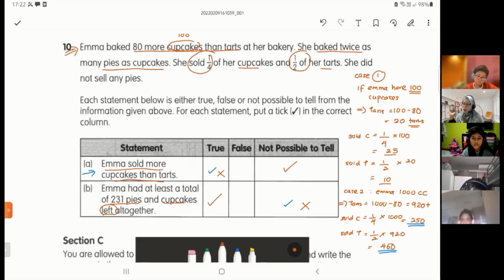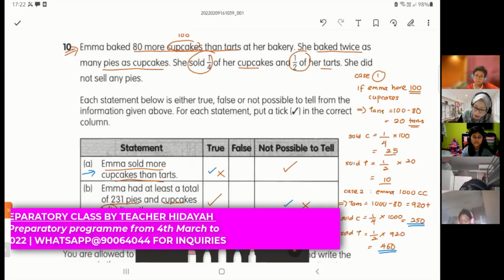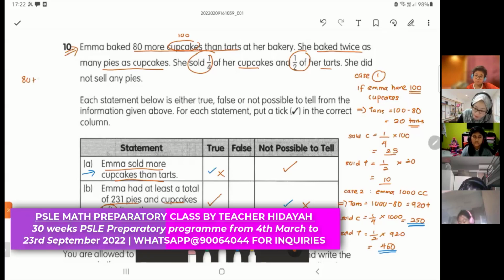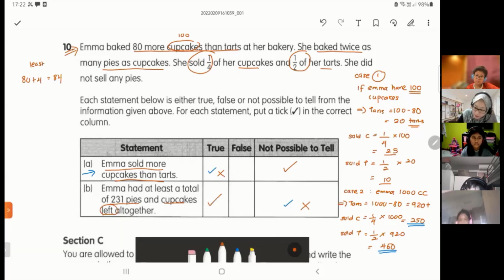84. She could not have sold 1/4 of 81 or 1/4 of 82 or 1/4 of 83. Why must it be 80 plus 4 to get 84? This is the least number of cupcakes. Why can't I have 81, 82, or 83?